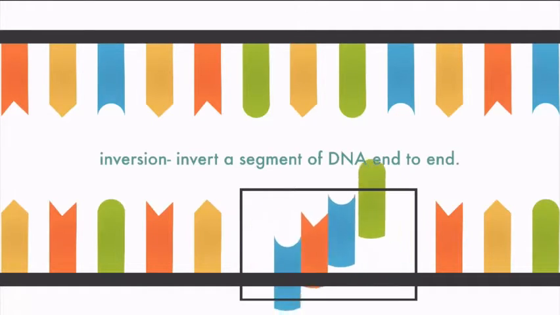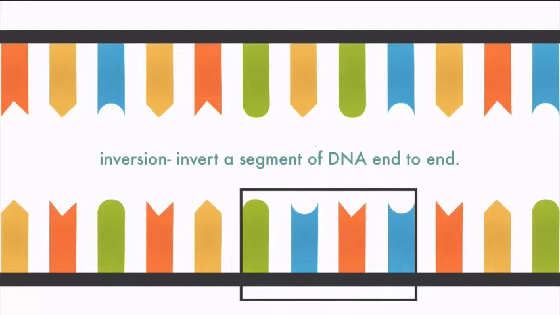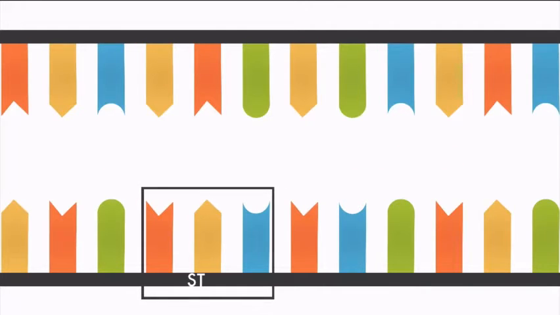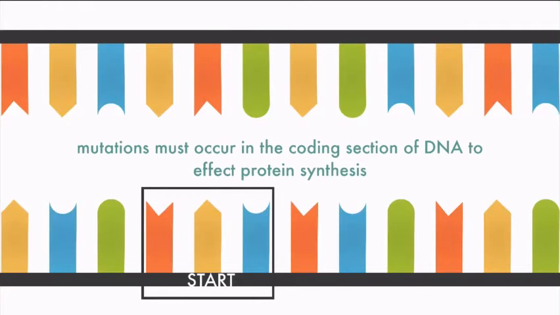Each base has been moved around. Again, these mutations have the potential to be harmful, but not all mutations have an effect on protein. Remember, during translation, a start codon must first be read to begin coding the protein. If the mutation happens before or after the protein coding sequence, there will be no effect on the protein. Mutations must occur in the coding section of DNA to affect protein synthesis.